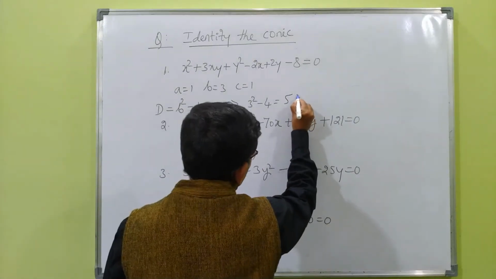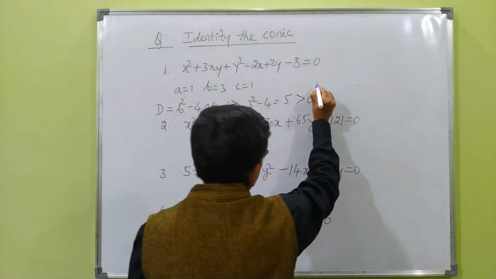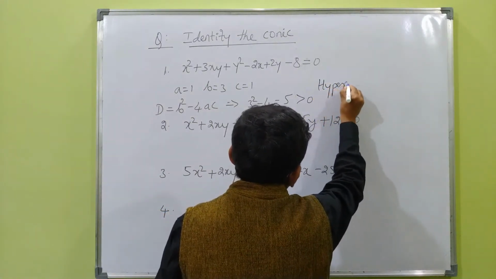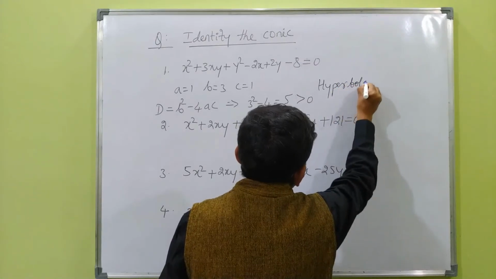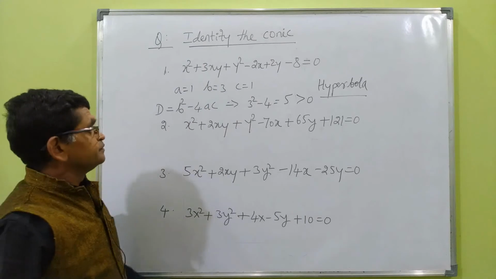This is positive. So D is positive means this is a hyperbola. So this curve is a hyperbola.